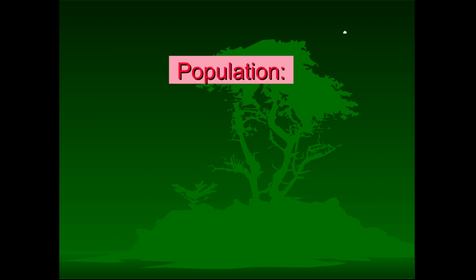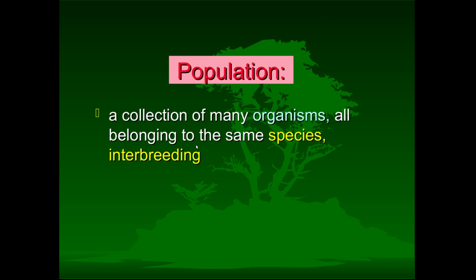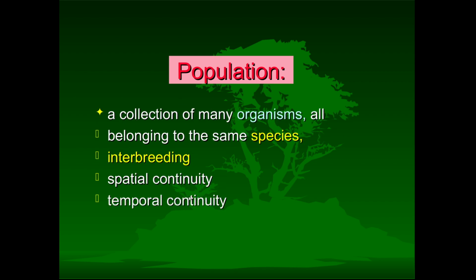Okay, so we want to understand the population level in this unit of the course. So what is a population? It's a collection of many organisms, all belonging to the same species, and showing spatial and temporal continuity. So a population has spatial continuity.